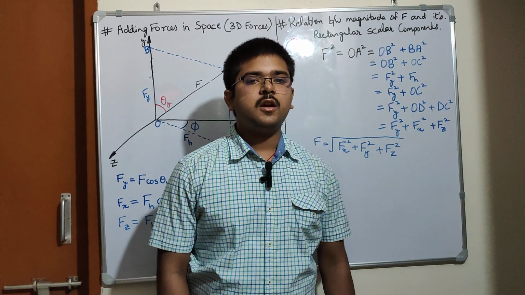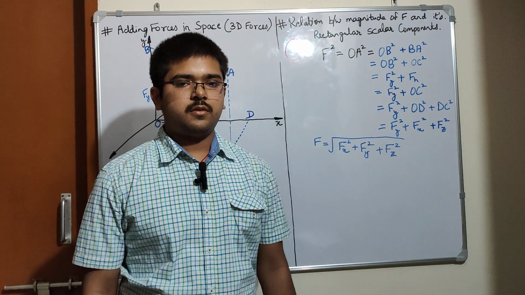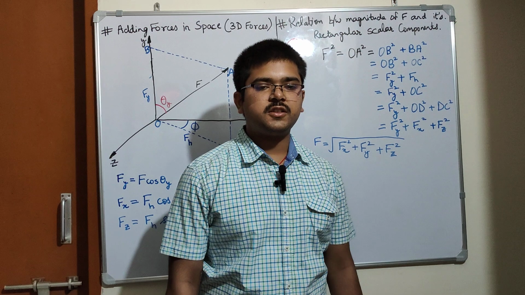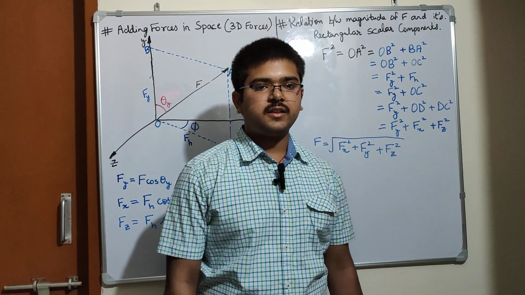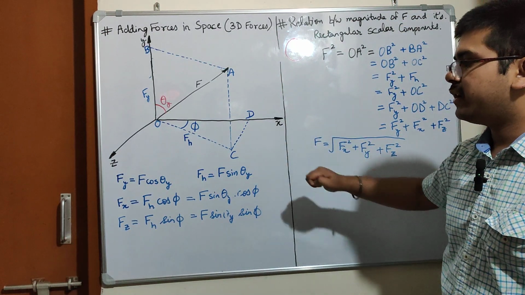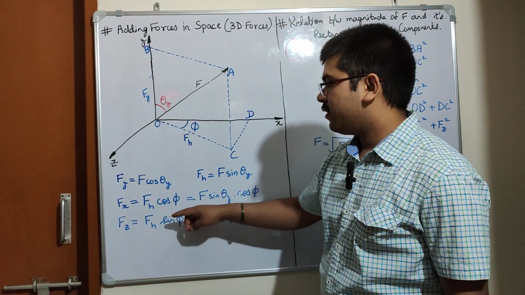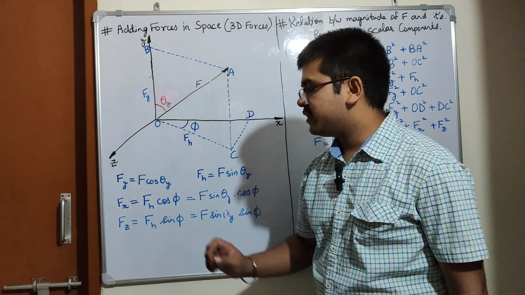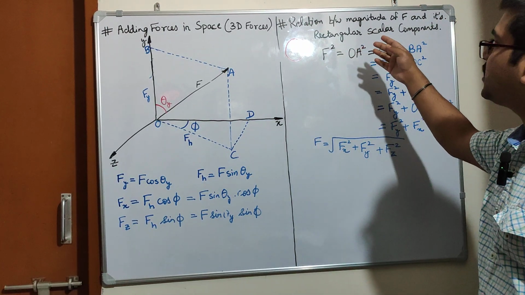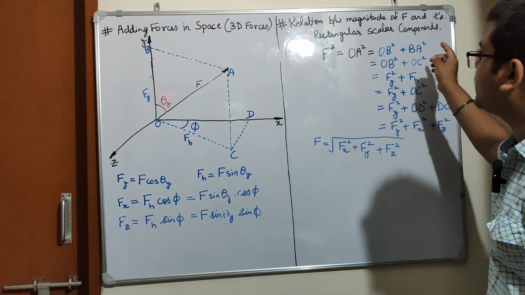In the last lecture, we were studying forces, adding forces in space, that is, adding 3D forces, as you can see here. I had explained what Fx, Fy and Fz are, and then we studied the relationship between the magnitude of force F and its rectangular scalar components.